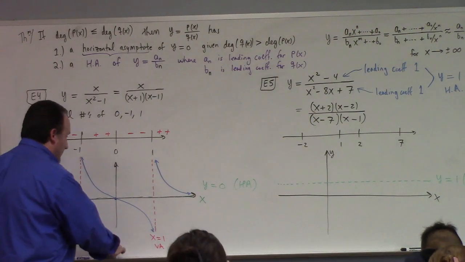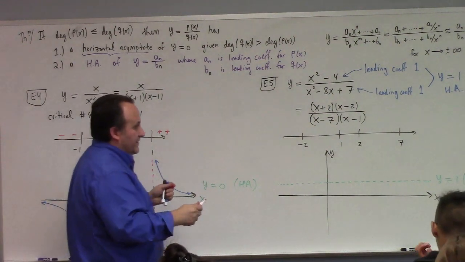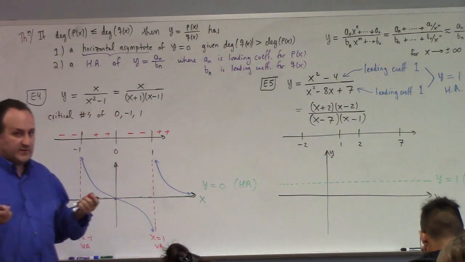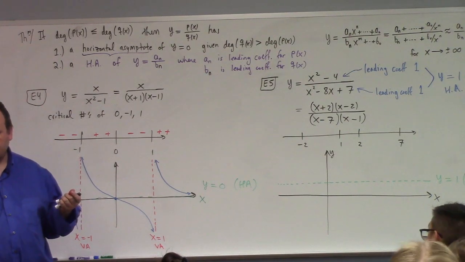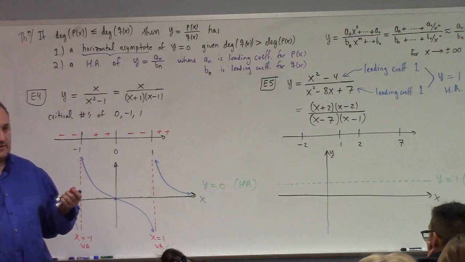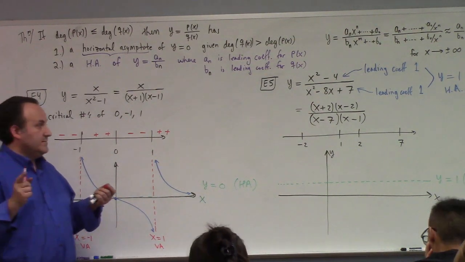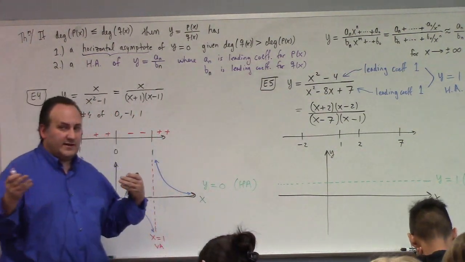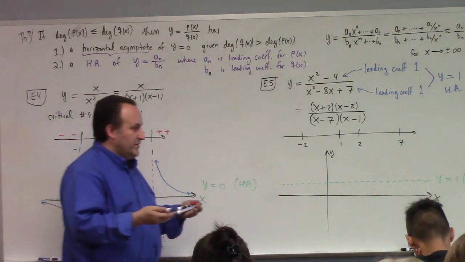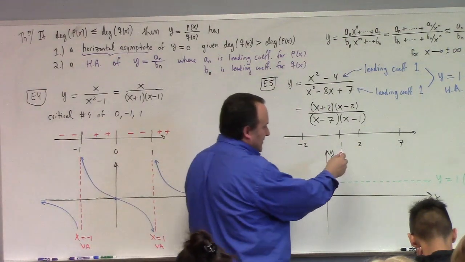And then the vertical asymptotes here, where are they? Where do vertical asymptotes come from? The vertical asymptotes come from the denominator. They come from division by 0. That's why we're getting the function blowing up, because 1 over a very small number is a big number.